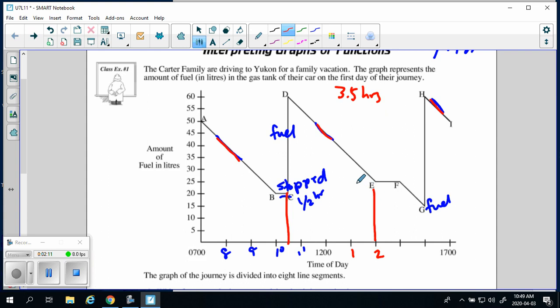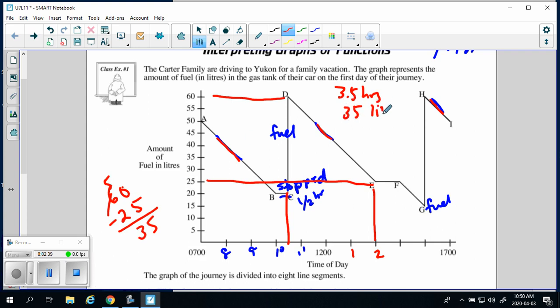And you can also read how much gas they use. So at D, they were at about 60 in fuel. And then by E, they're at about 25 liters in fuel. So we could subtract those two, and we could figure out that their fuel consumption was 35 liters in that time.